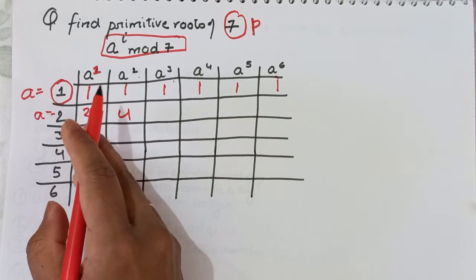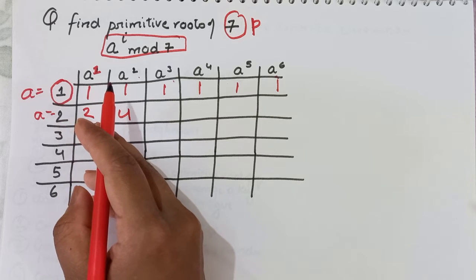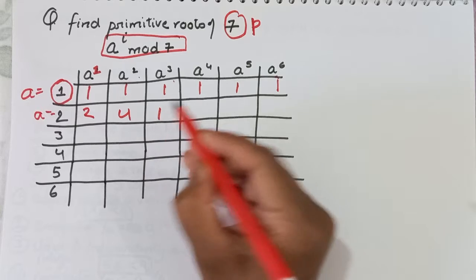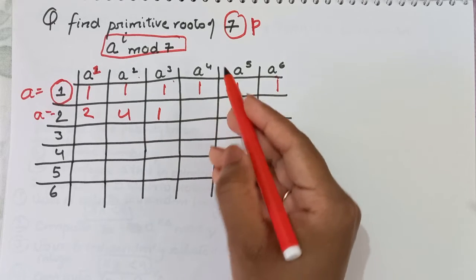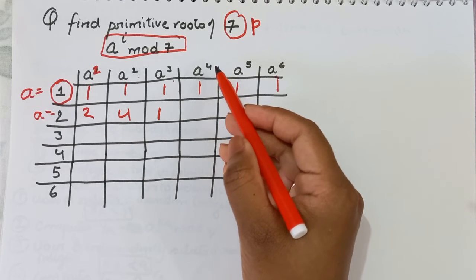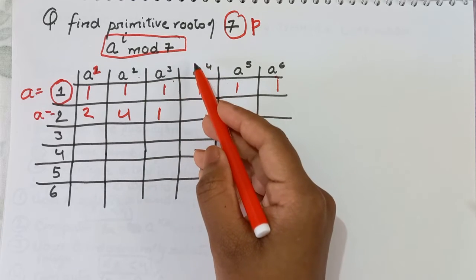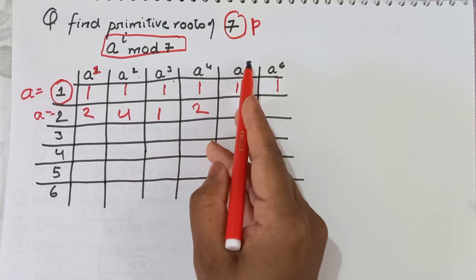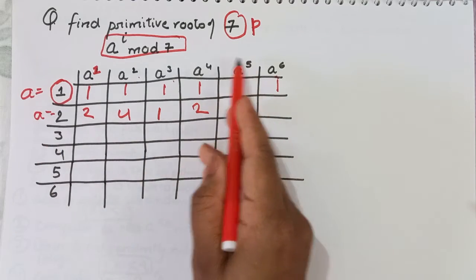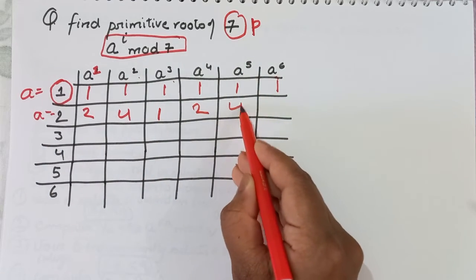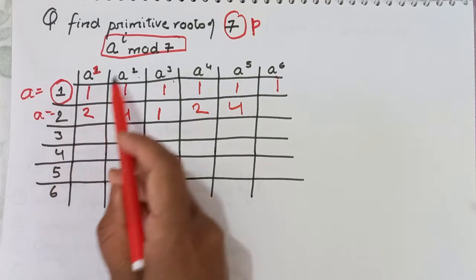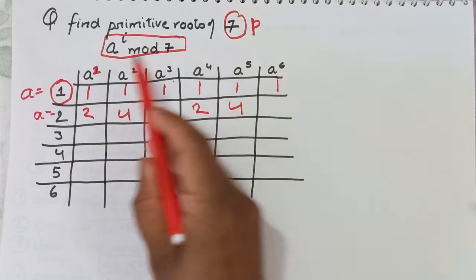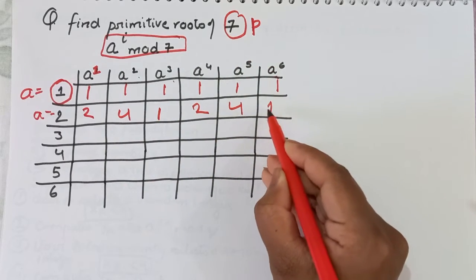At the third value, 2 to the power 3 mod 7 gives me remainder 1. Now 2 to the power 4 mod 7 gives remainder 2. 2 to the power 5 gives remainder 4. And 2 to the power 6 mod 7 gives remainder 1.